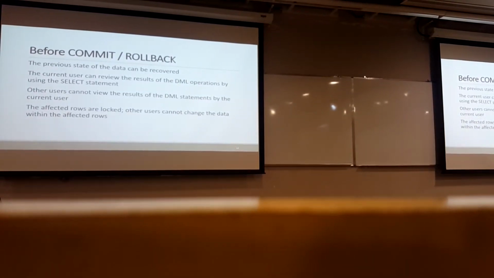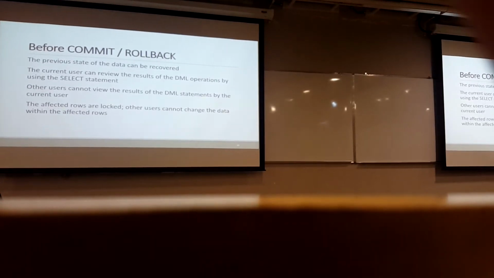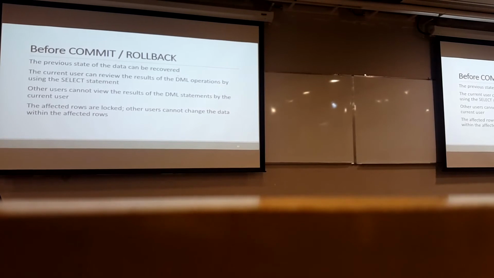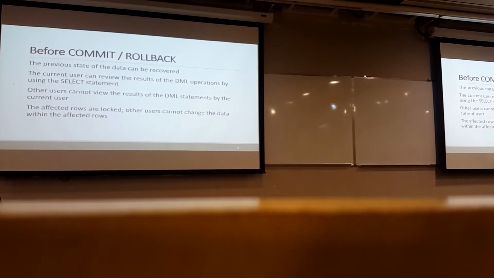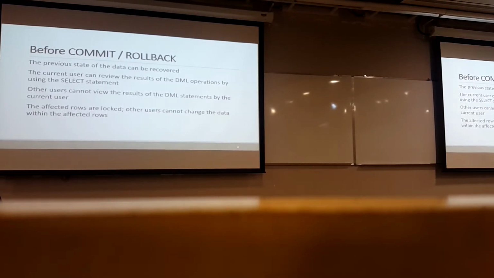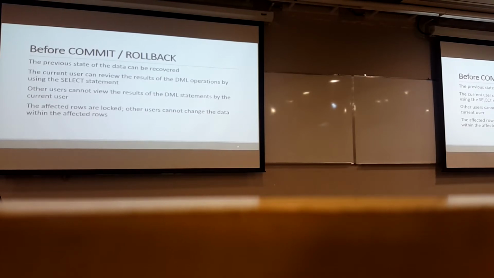Before commit and rollback, the previous state of the data can be recovered. The current user can review the result of the DML operation by using a select statement. So once it's committed, okay, the result is there forever. Meaning the user, okay, can use the select statement to see the latest result.